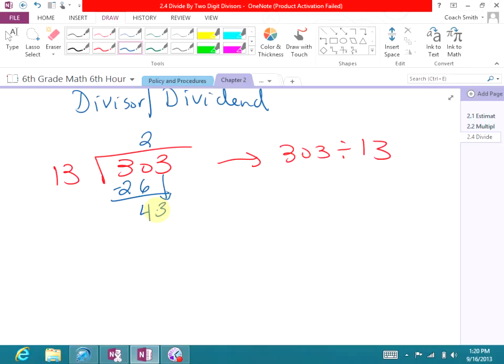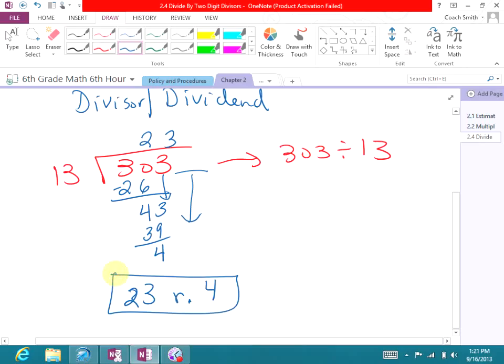Brittany, 3 times. 3 times 13 is 39. Okay? You subtract those two and you get 4. So my answer is, because I don't have any other numbers to bring down, my answer then is 23 remainder 4.